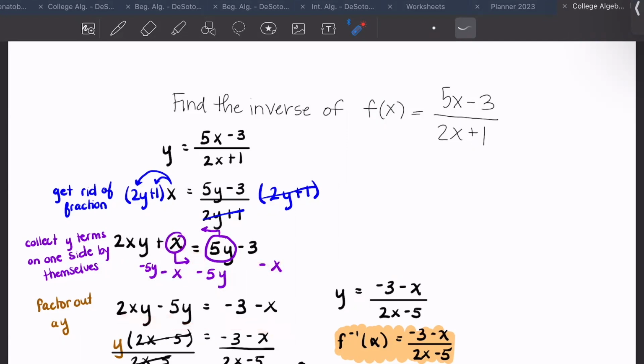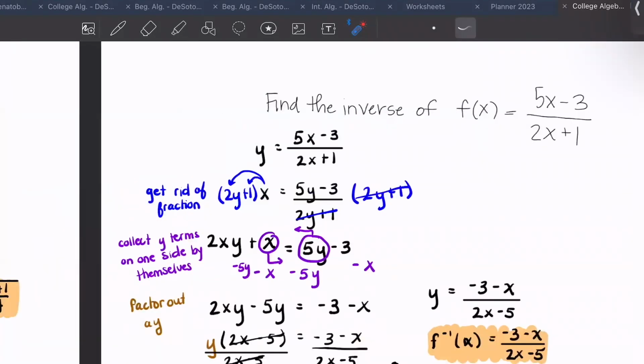Then I have a y in both of these terms, so I can factor it out. Whatever was left over, 2x minus 5, I divided both sides by that. These divided to 1, and I was just left with my answer on the other side. And then I replaced y with our inverse notation.